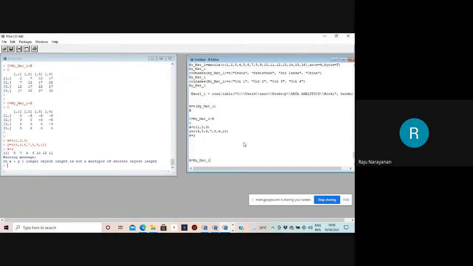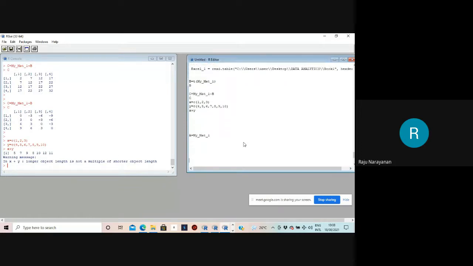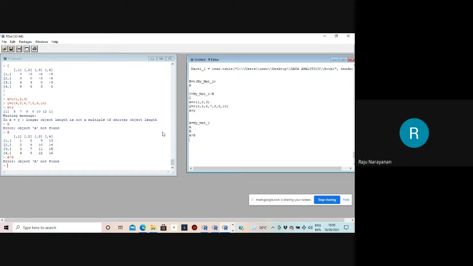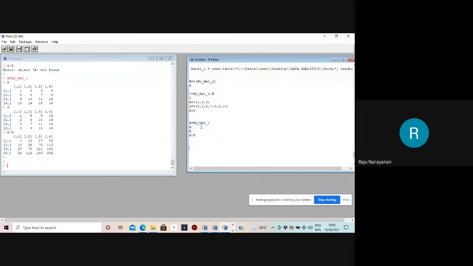We know how to add two matrices, A plus B, A minus B, etc. Now you take A into B. Let us take A, B and A into B. Object A, oh, I have to run that also. Yeah, A is here, B is here, A into B is here.